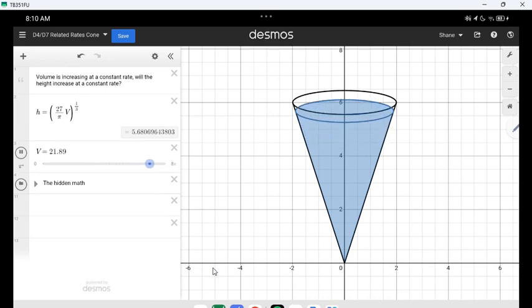So this picture represents me filling the volume at a constant rate. It fills up fast when you're near the bottom because there isn't a whole lot of space to fill up, and it slows down the further and further you go up. So I actually had to go out of my way to make the volume constant and back figure out the height.